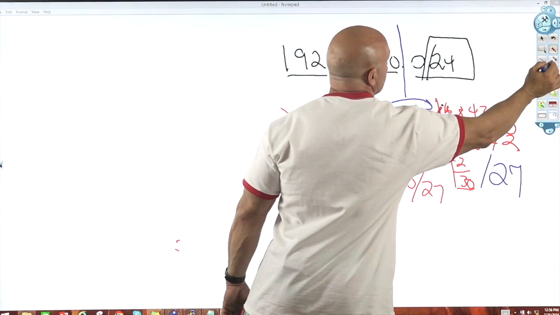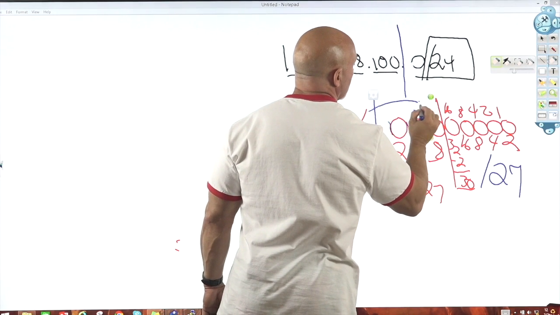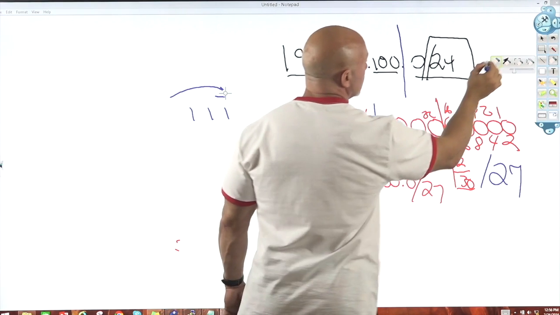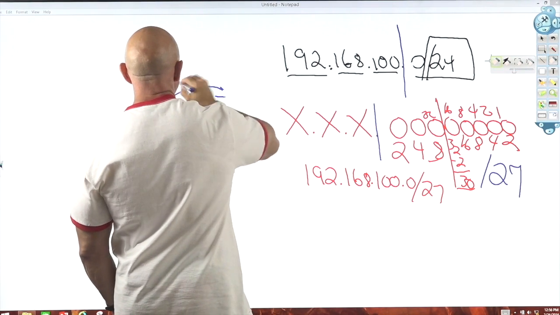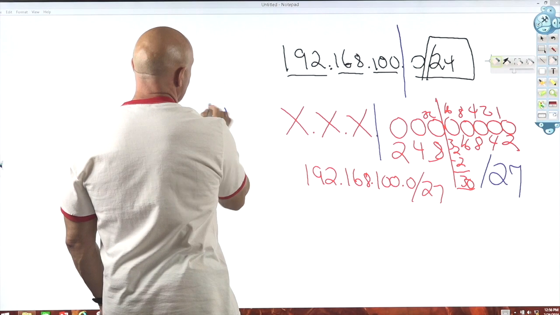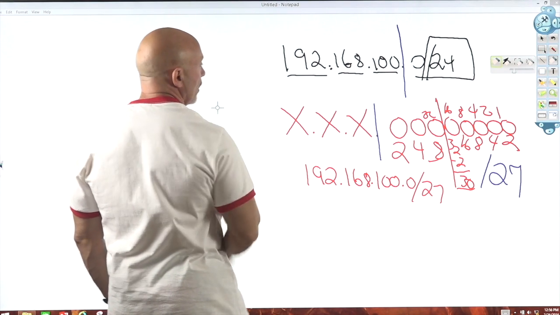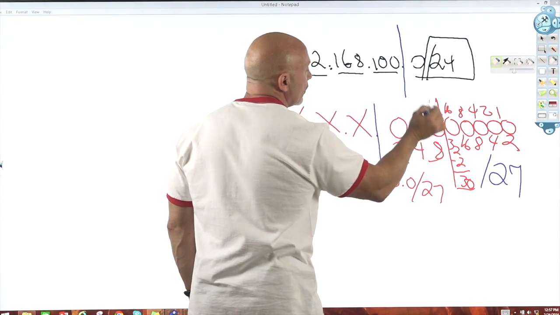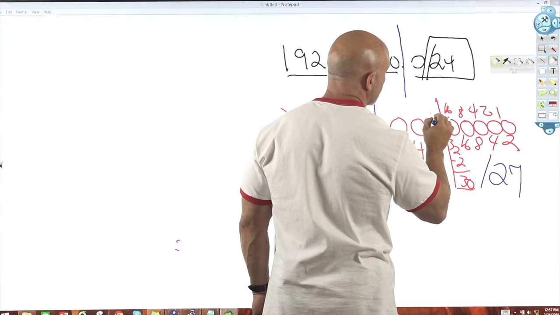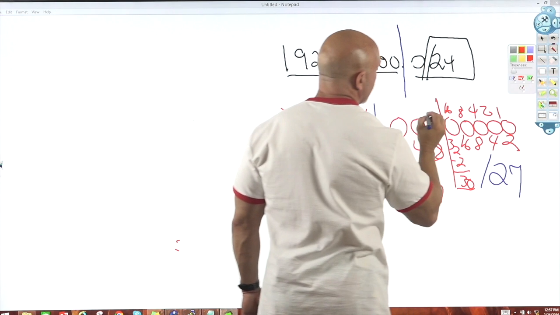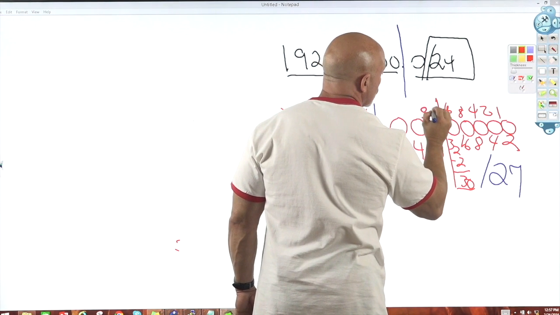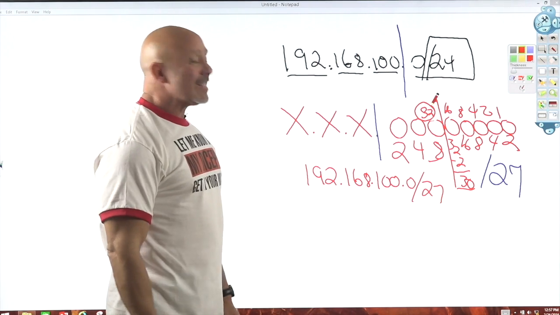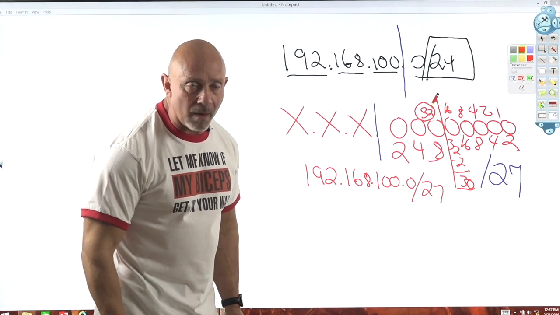Let me get rid of some lines here. So this is 32, believe it or not. This value right here is how you increment your network.